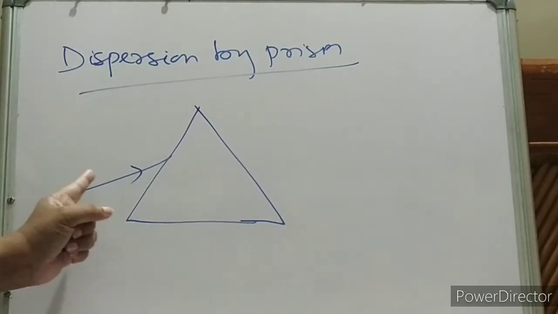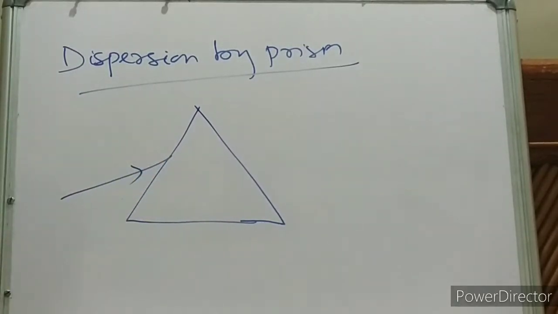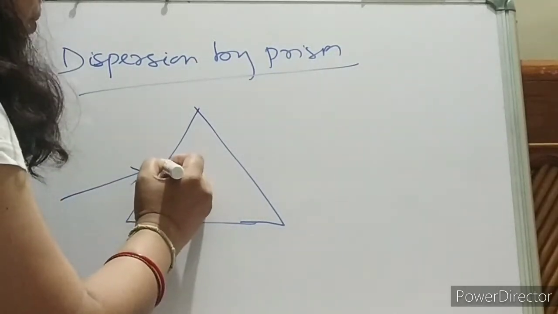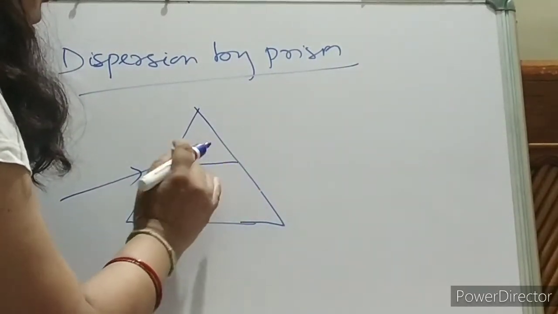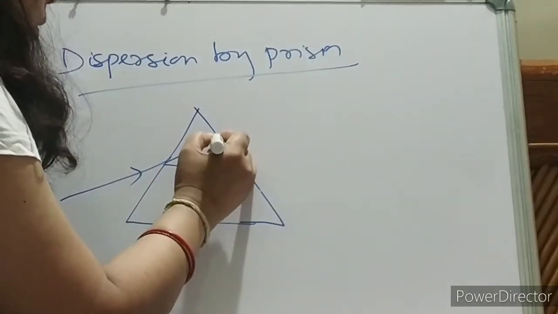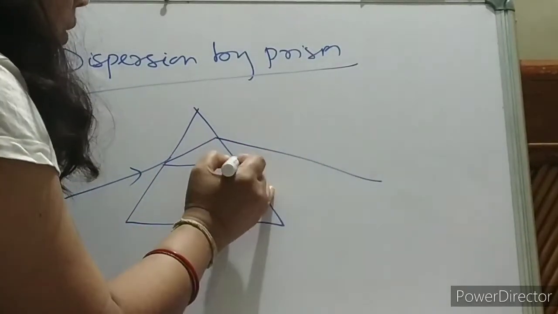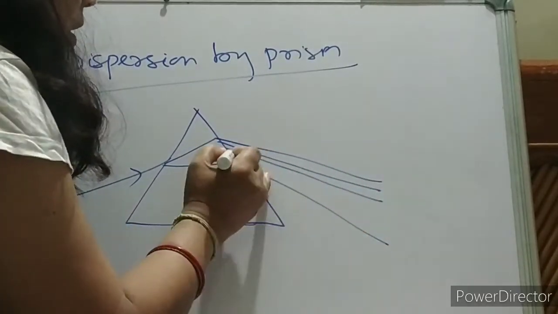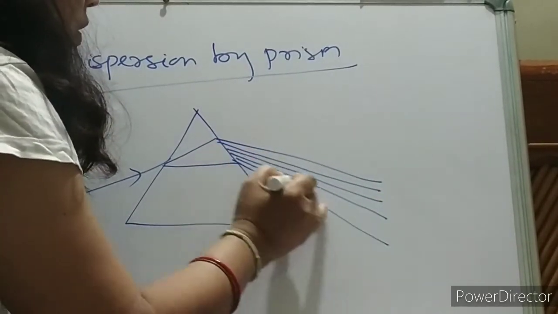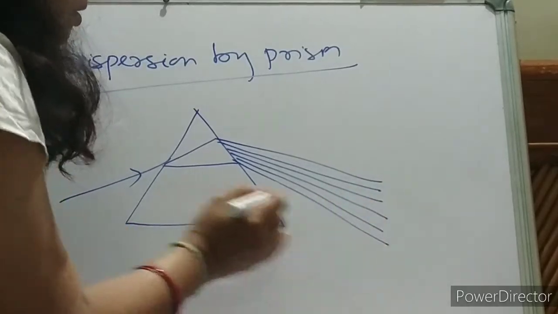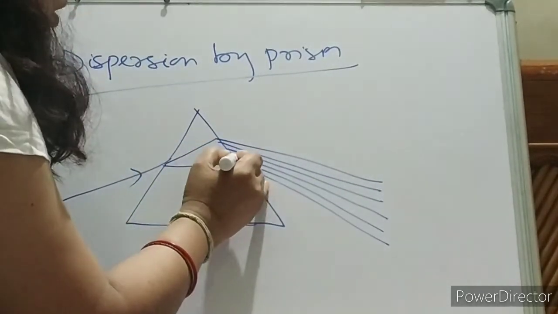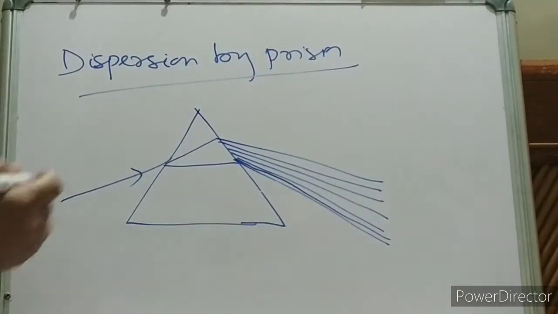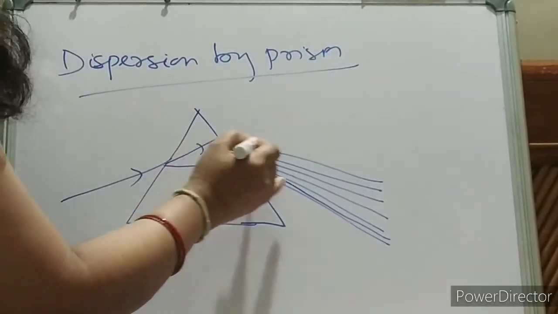So when this light is incident on the glass prism, you will observe the dispersion of distinct colors.